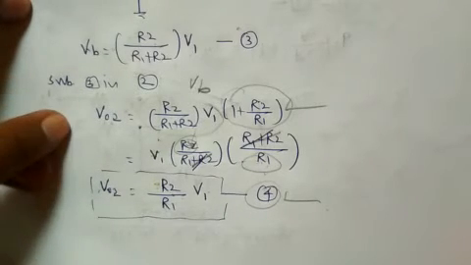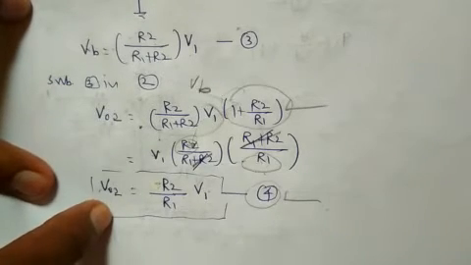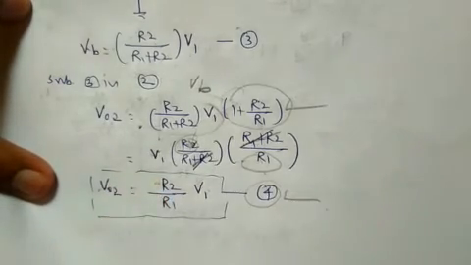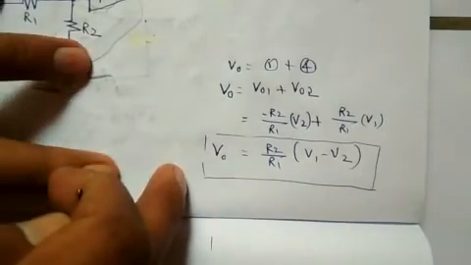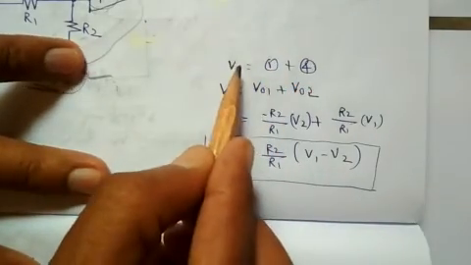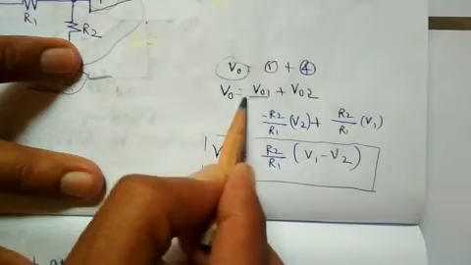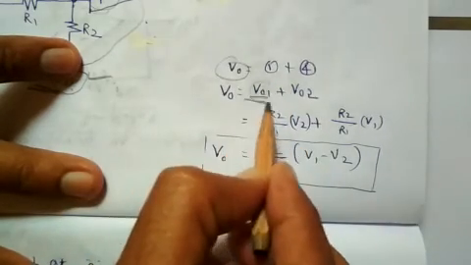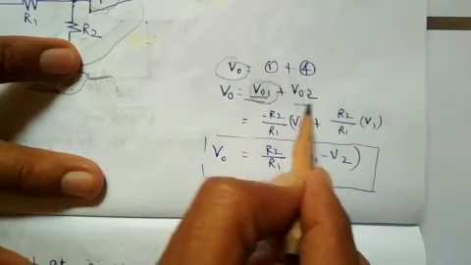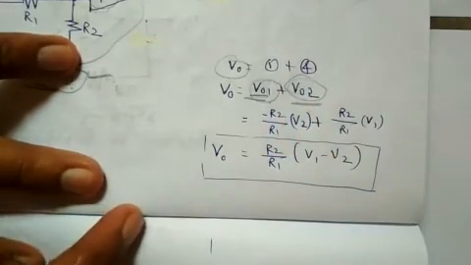Now we consider the differential amplifier as a pure non-inverting amplifier, and we found Vout2 equals R2 by R1 into V1. So adding both the equations, equation 1 and 4, will give us the final output of this differential amplifier: Vout equals Vout1, by considering the differential amplifier as a pure inverting amplifier, plus Vout2, by considering it as a pure non-inverting amplifier.